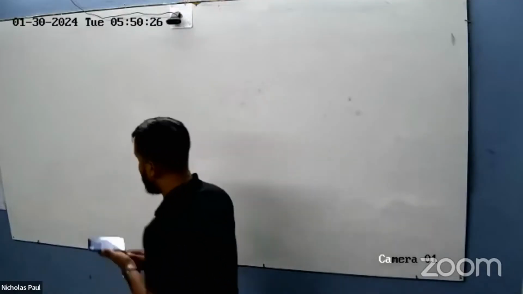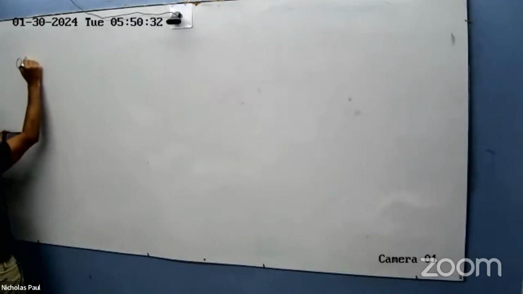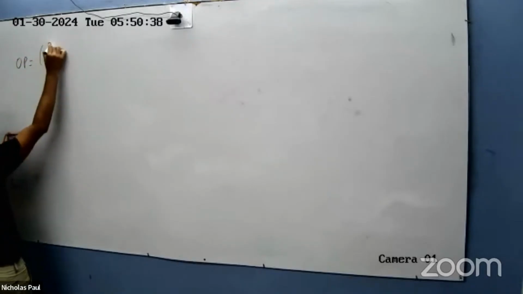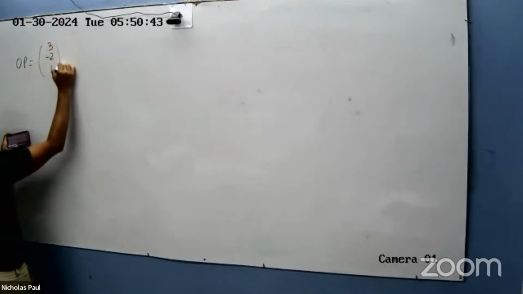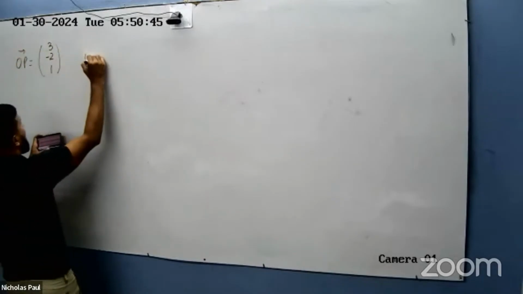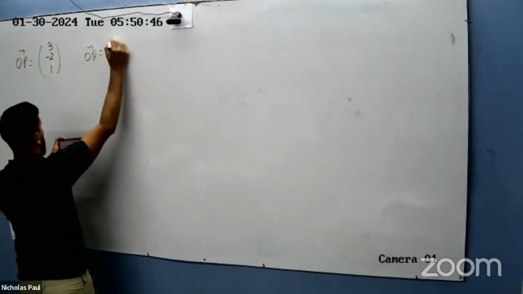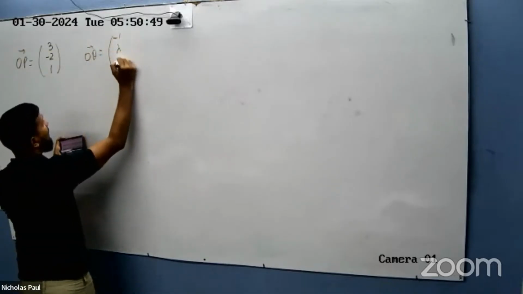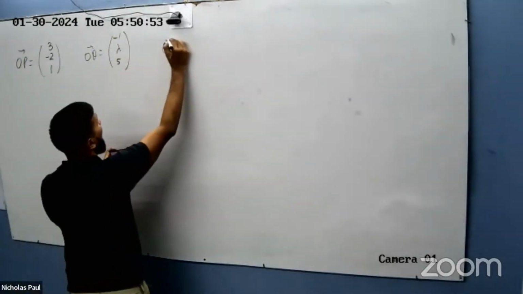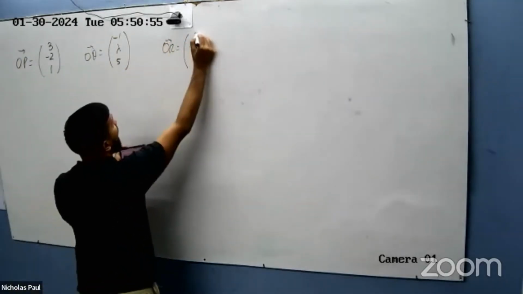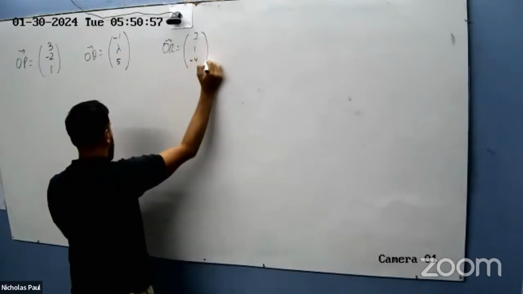All right, nice. So they gave us OP. OP was 3, minus 2, 1. OQ was minus 1, lambda, 5, and OR was 2, 1, minus 4.